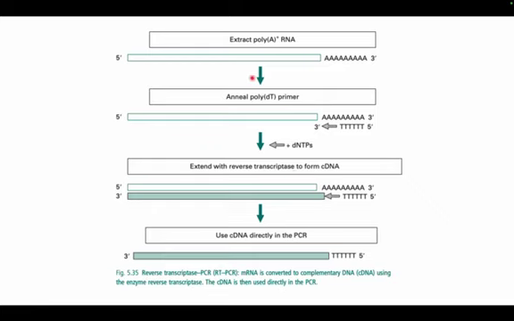So, this process is called reverse transcriptase PCR or RT-PCR. RT-PCR is sometimes used as an abbreviation for real-time PCR, but that process is more technically called quantitative PCR or qPCR.